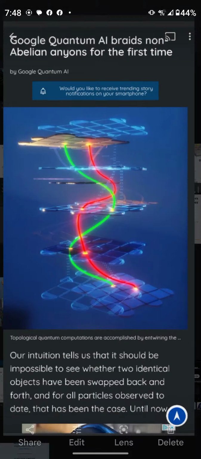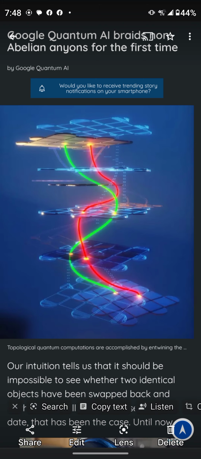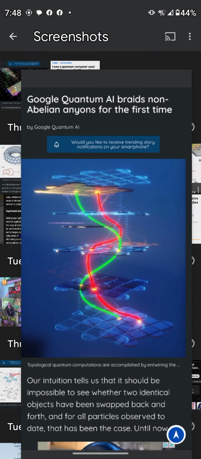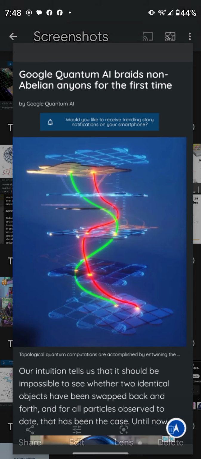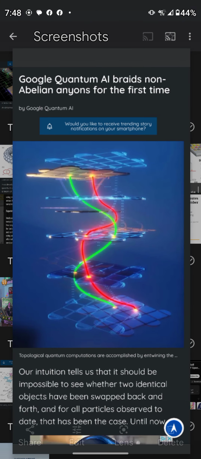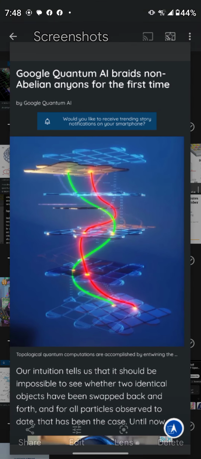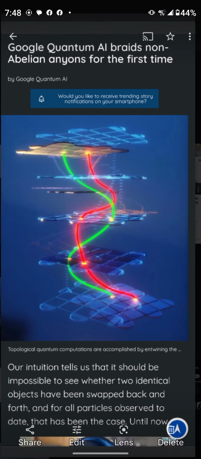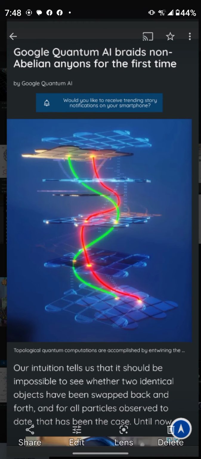What was it? Oh yeah, so also part of quantum computing and error analysis. The Google Quantum AI braids non-abelian anyons, which is what I was talking about before with the deuterium toron, or whatever the heck the shape is called.